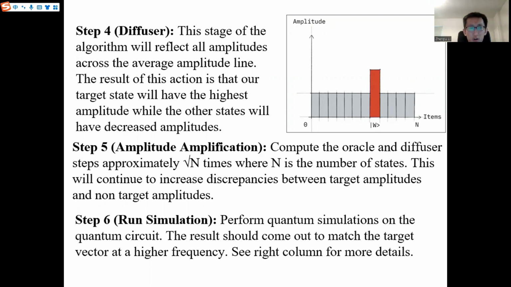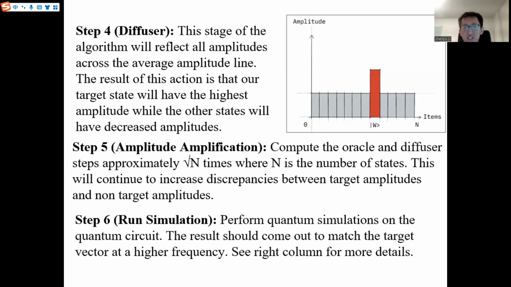So for step 4, we mainly introduce this diffuser to reflect all the amplitudes across the average amplitude line, like the right figure shows. And that action will make our target state have the highest amplitude, while other states will become lower amplitude. And then the following steps are much easier.